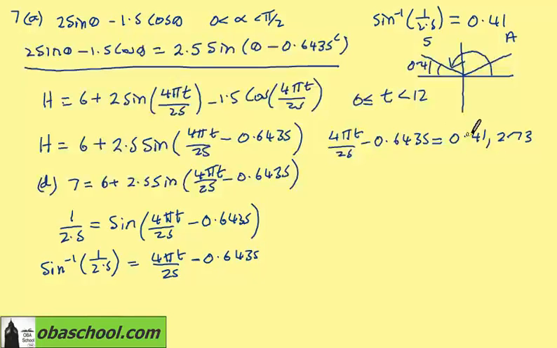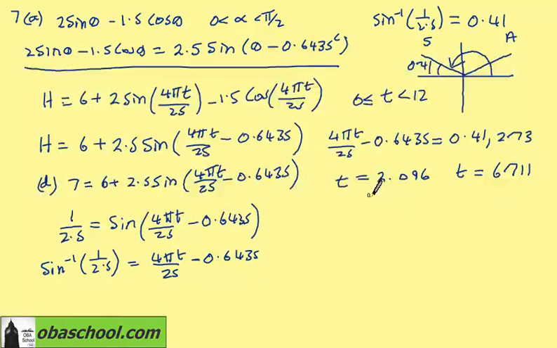Rearranging by adding 0.6435 to both of these, then multiplying by 25, then dividing by 4 pi, gives me that t is either 2.096 or t is 6.711.